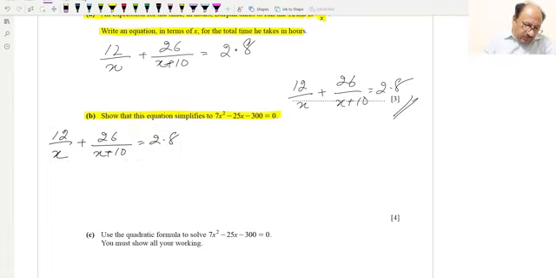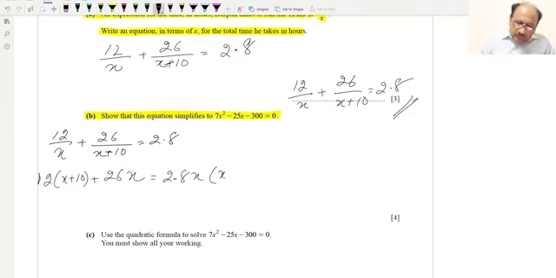To get rid of these denominators, we will multiply everything by x and x plus 10. So 12 over x will be multiplied by x, and we can write this as 12 into x plus 10, plus 26x, and this will be equal to 2.8x into x plus 10.